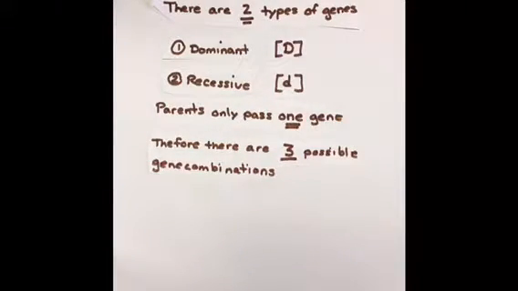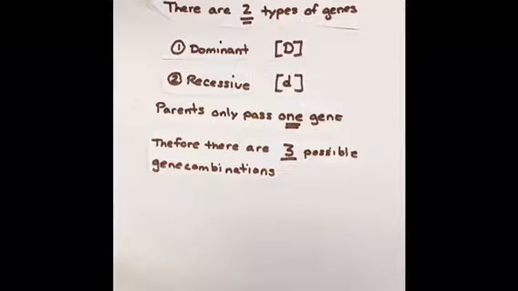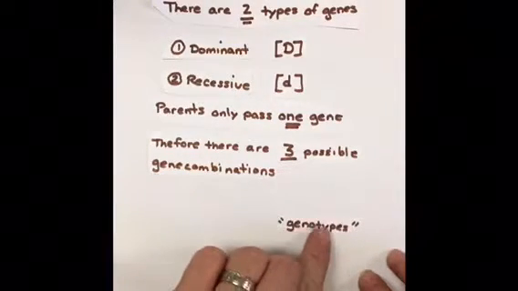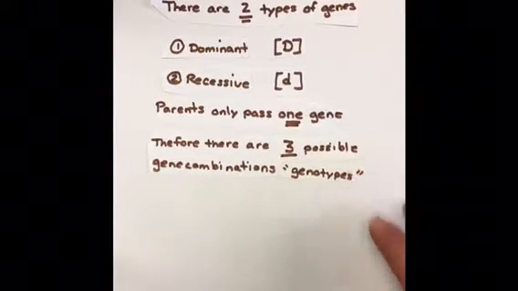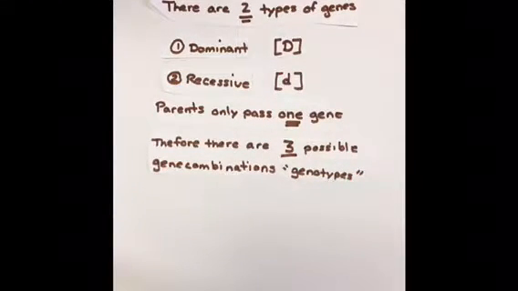When your mom and your dad gave you your genes, they passed on either dominant or recessive genes, and they only gave you one for each trait. Now these gene combinations are also called genotypes. Genotypes is just a fancy word that means gene combinations.